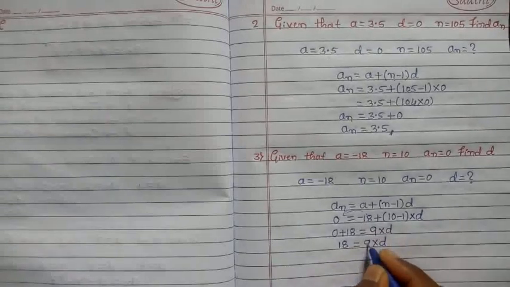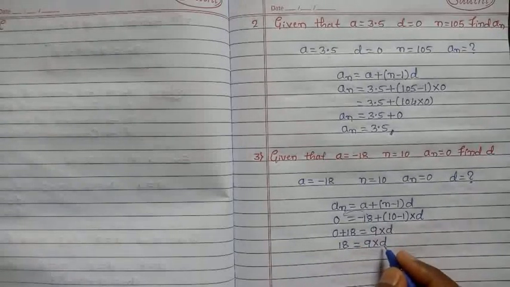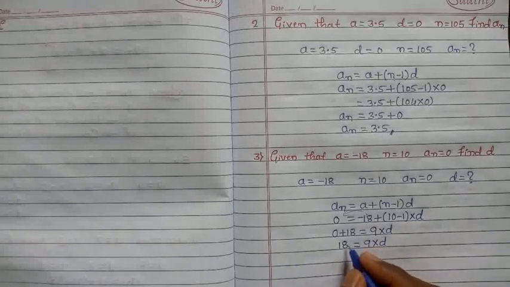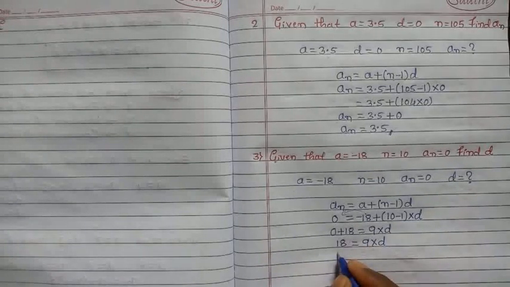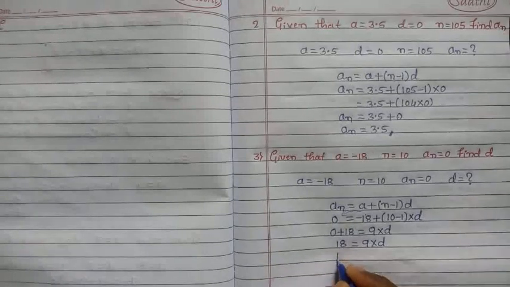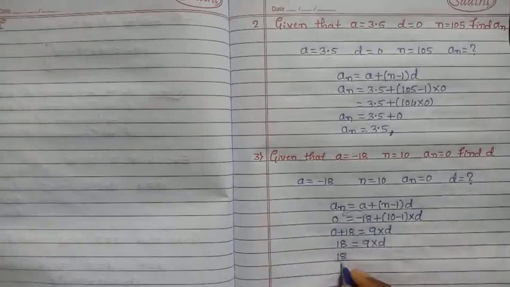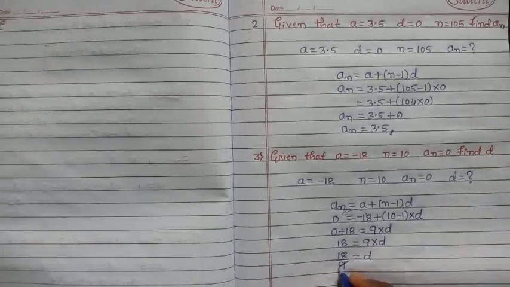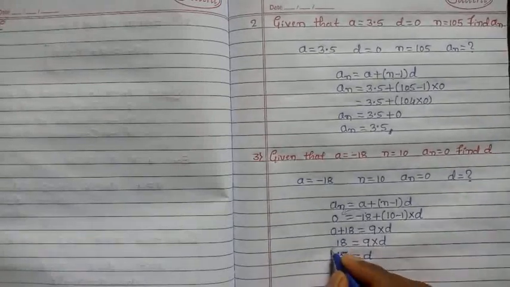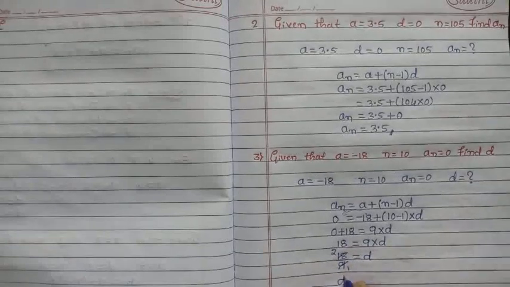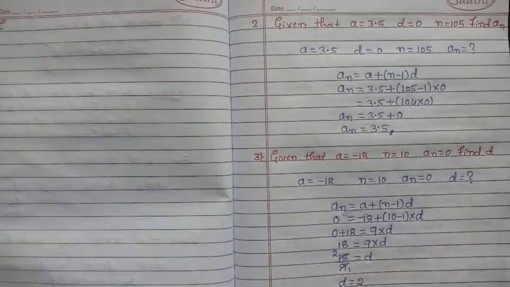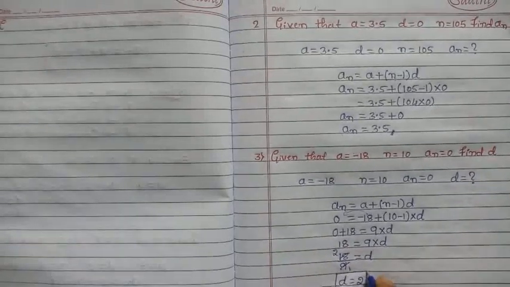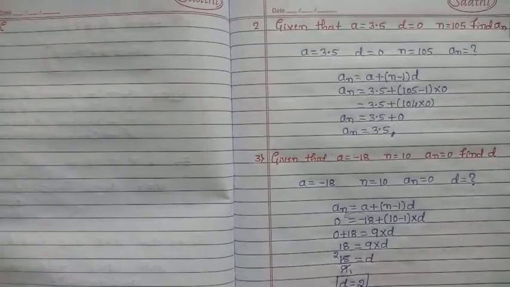Send 9 to this side, because here we have to find the value of d. Multiplication becomes division. 18 divided by 9 is equal to d. 9 ones are 9, 9 twos are 18. Therefore d is equal to 2. The value of d is 2, that is, the common difference is 2.